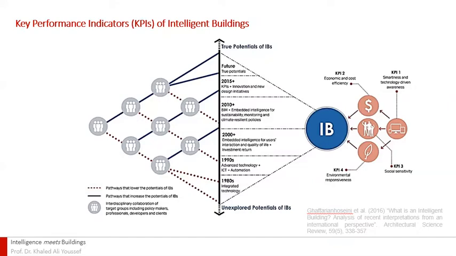These KPIs are KPI number one, smartness, KPI number two is economic and cost efficiency, KPI number three is concerned with social sensitivity, and KPI number four is about the environment.